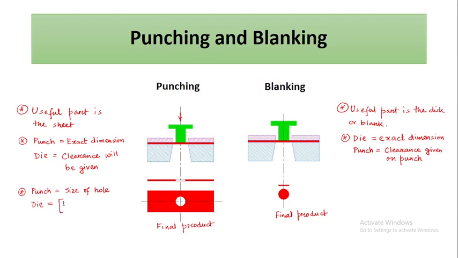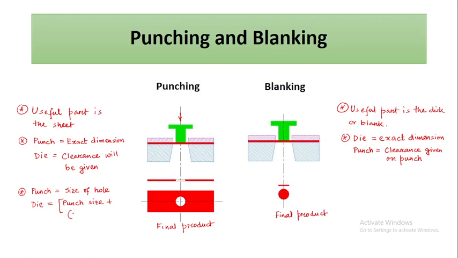That means the die size we can write as the punch size plus the clearance that we provide. That clearance is the radial clearance. As it is a radial clearance, we need to put clearance on both sides.